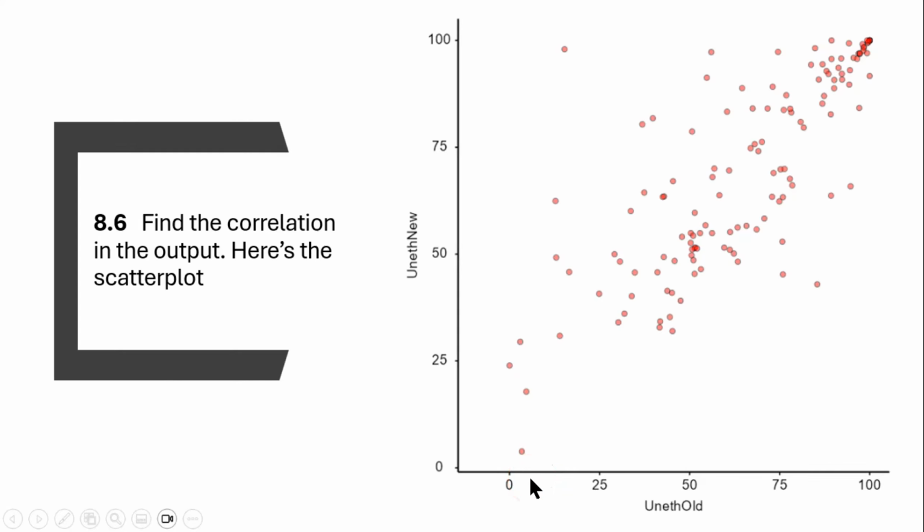So for example, let's take this point right here. This is one person who rated the old headline in terms of its ethicality at about a 2 or something, right?